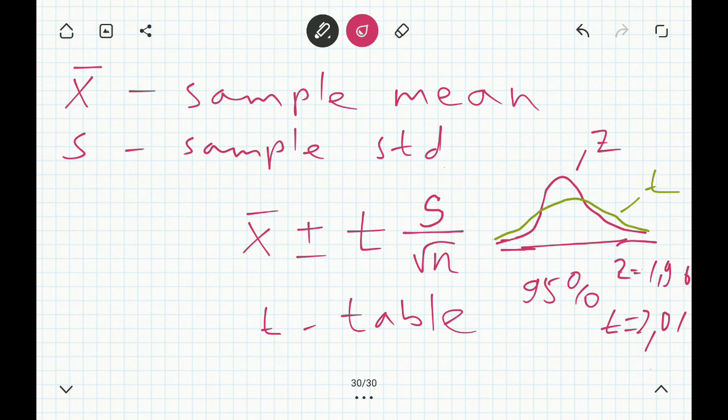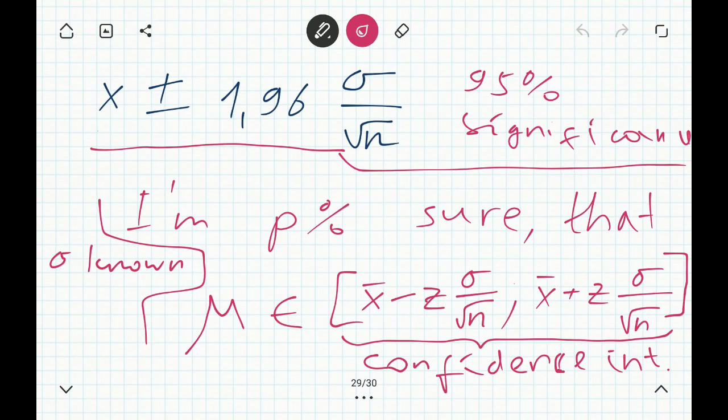So for example, if our sample size is 2, that means degrees of freedom is 1. If we take a sample size of 40, then our degrees of freedom are 39, and so on. So you choose the appropriate sample size or degrees of freedom, you choose your confidence level, and you get your t value. Okay, but on the other hand, they are very similar.